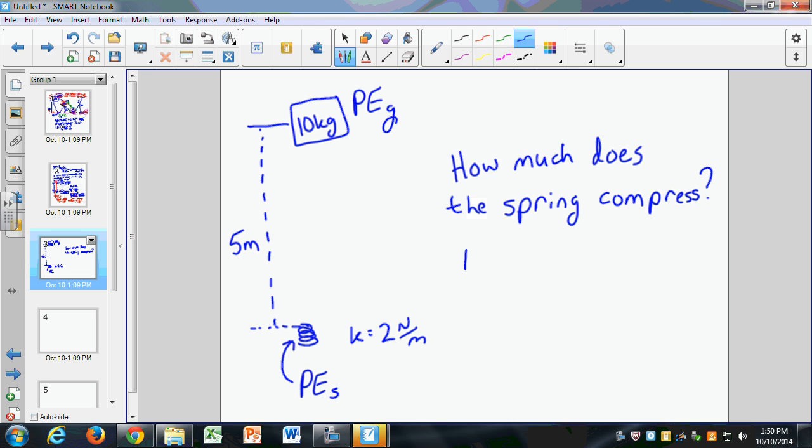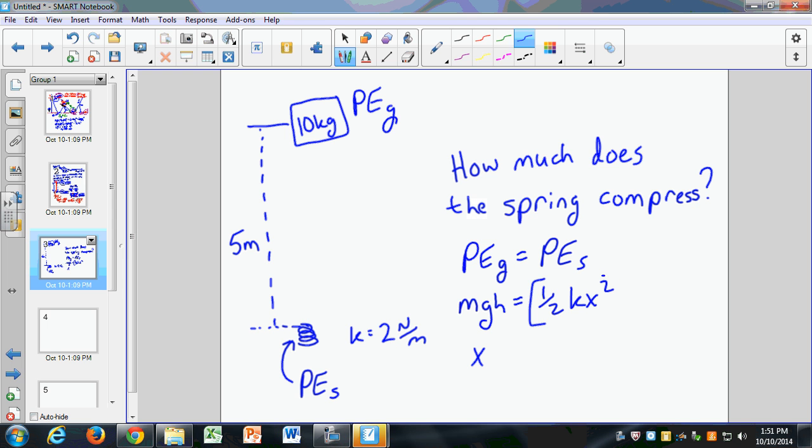All right, so I have PEG at the top equals PES at the bottom. That's mgh equals 1/2 kx squared, and I want to know x. However you want to do that, you can put in the numbers or you can solve for x. I'm going to go ahead and solve for x here.